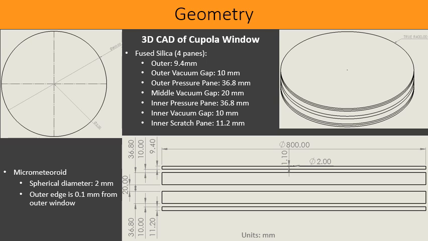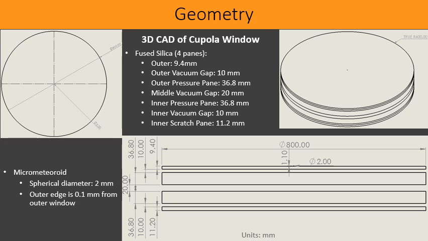And then you can barely see a micrometeoroid that I made in the form of just a sphere that's 2 millimeters in diameter. You can make it out right there, and I put it at 1/10 of a centimeter away from the top edge of the glass there. So that's the 3D geometry.